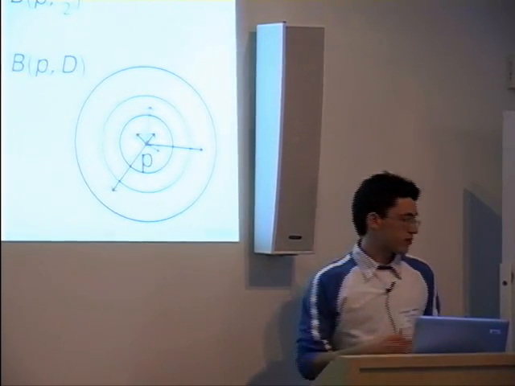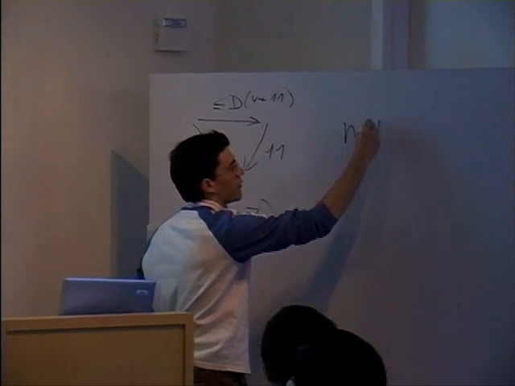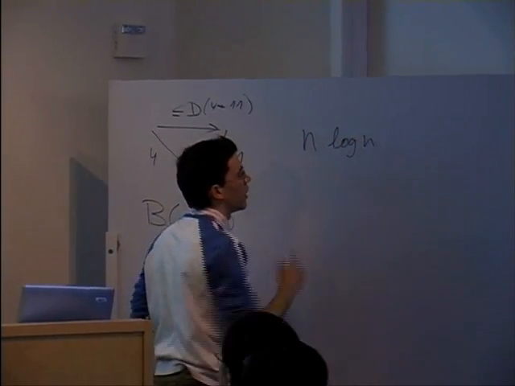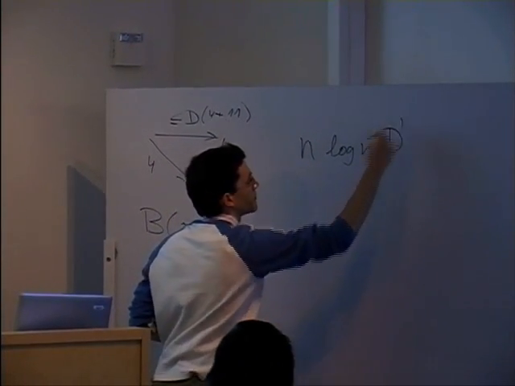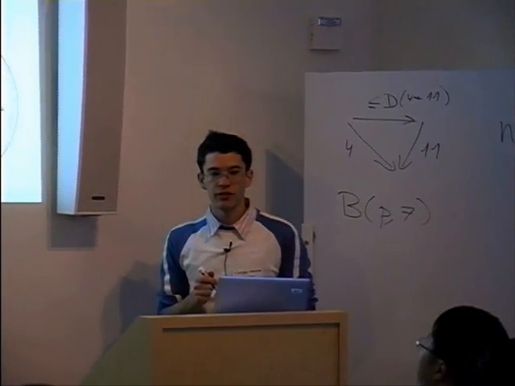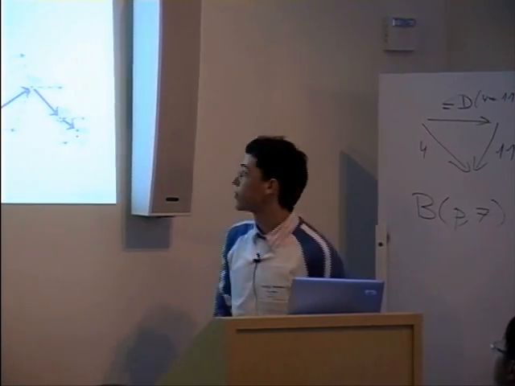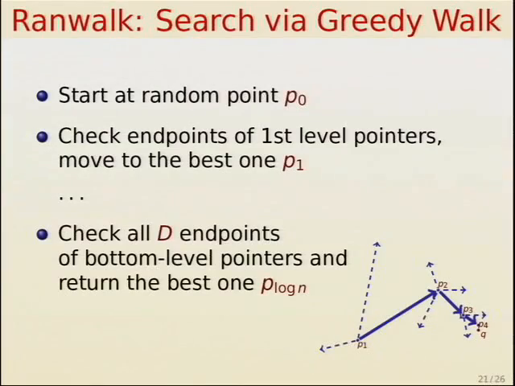So that means that if you would like to estimate complexity, we have n points. We have log n levels. And we have these d prime pointers on every level. That's the size of the data structure. And navigation is very simple, the search. We simply start from some point. We look at pointers of the first level and move to the best endpoint.